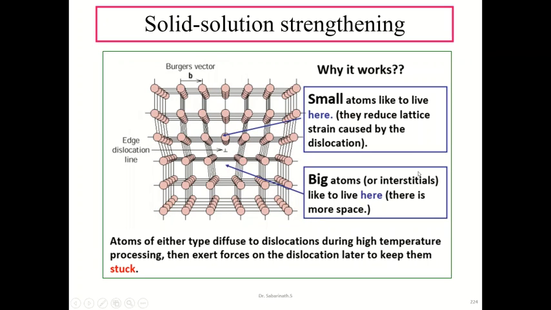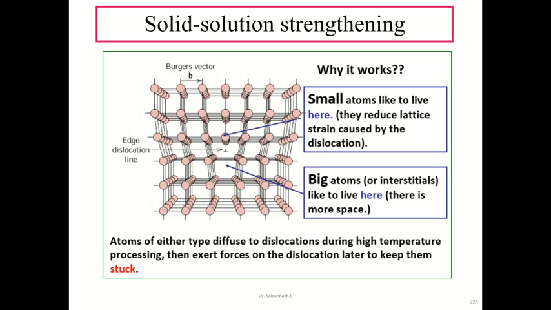So why does solid solution strengthening work? So this is a vector. You can see the arrangement of atoms. The small atoms like to be here. So small atoms are likely to be present over here, as they reduce the lattice strain caused by the dislocation.